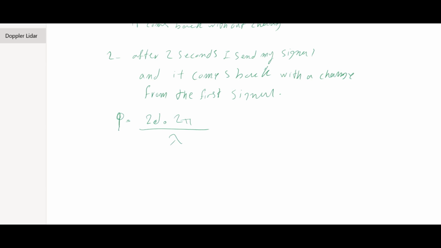If as I assume my particle is going toward the observer, or going away from the observer, this distance is going to be changed, and this distance is also a function of time, and therefore we write radial velocity, normally shown as Vr, is going to be d over dt, and this is going to be changed.